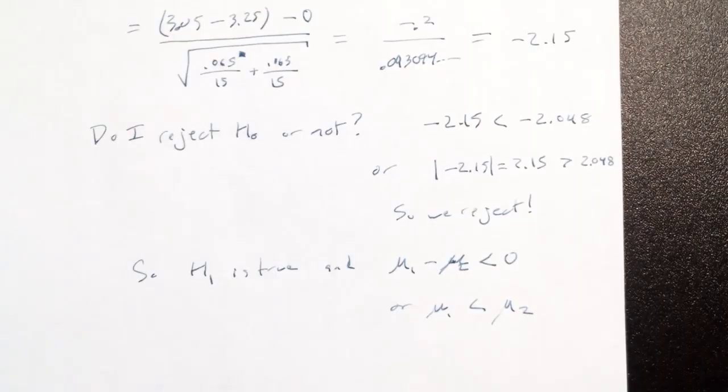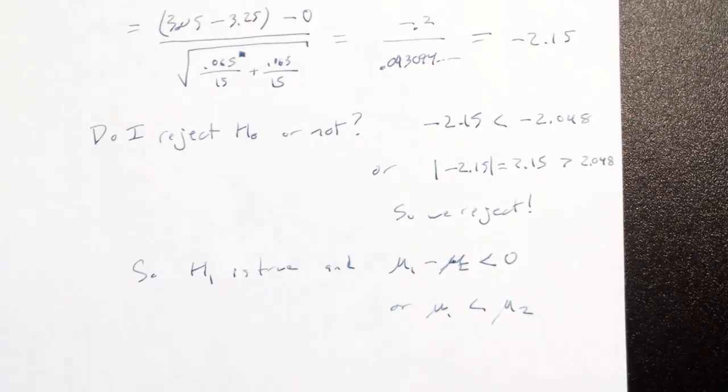Now, I created this spreadsheet. You'll notice in that middle column, question 1, part A, there are my numbers: 3.05, 0.2, 15 people. 3.25, 0.3, 15 people.